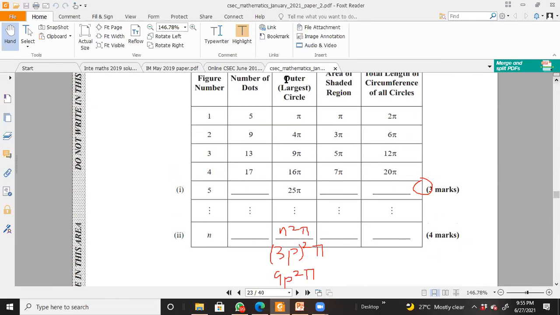This is the largest circle: n squared pi. It should be 3p because they say that the figure is 3p. So if you put 3p on this side, what will you get? If it's n, we say n squared pi. So if it's 3p, put 3p squared times pi.